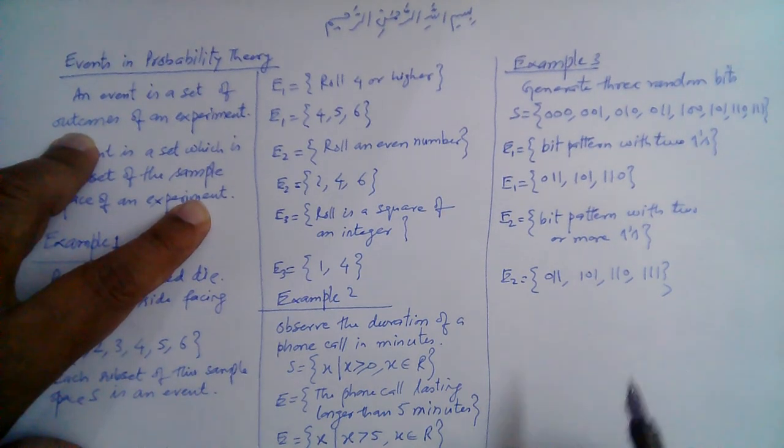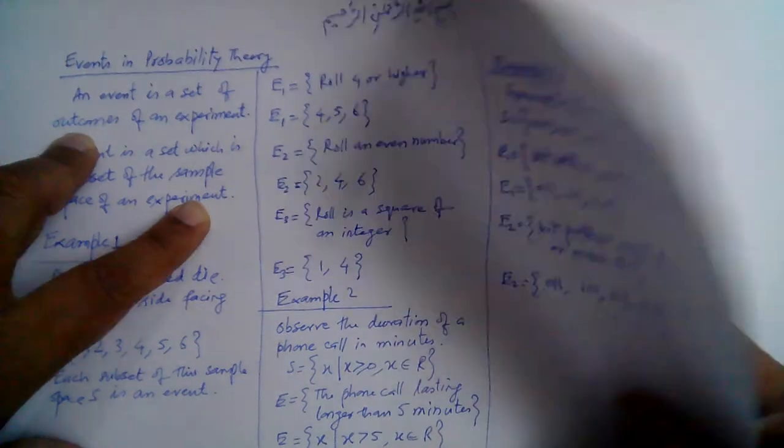For example, if the event consists of a single outcome, it is called an elementary event.